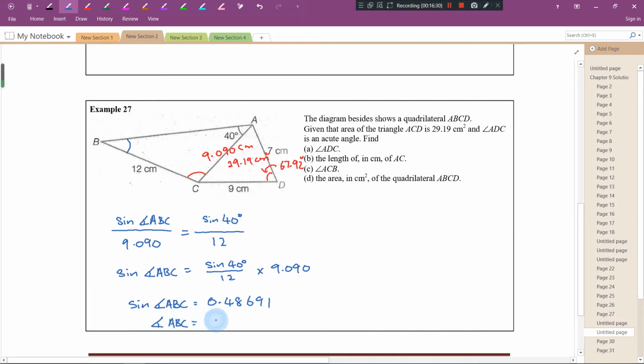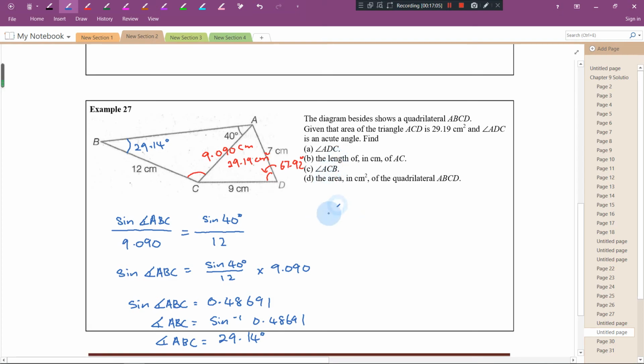If I want to get the angle, I have to calculate the inverse sine of 0.48691. So angle ABC will be equal to shift sine 0.48691, which is 29.14 degrees. But this is not the final answer because the question is asking for ACB.